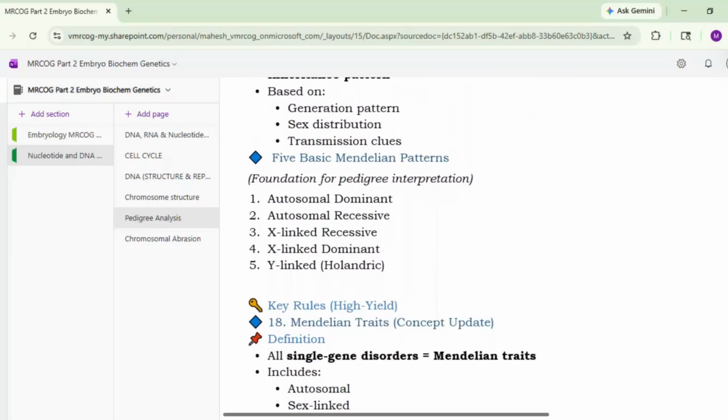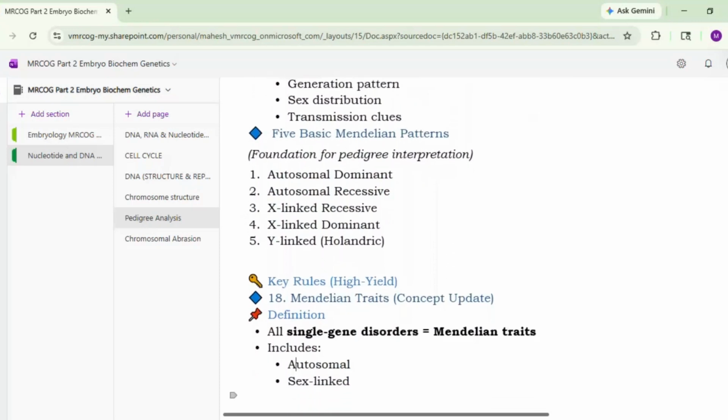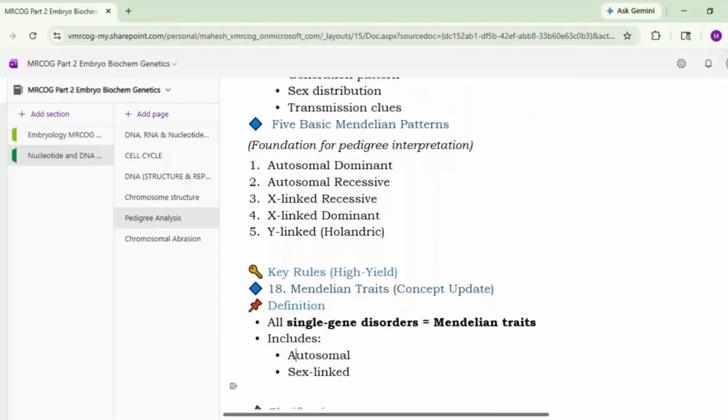If we are discussing a single gene disorder, it has to follow the Mendelian trait. So it includes autosomal as well as sex-linked chromosomes. It doesn't mean that the Mendelian trait is only for autosomal. It includes both, but it has to be a single gene disorder.